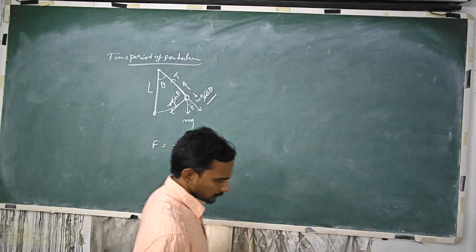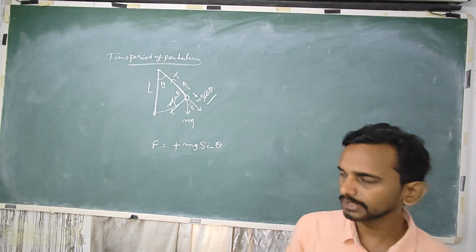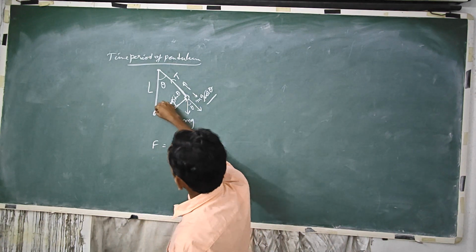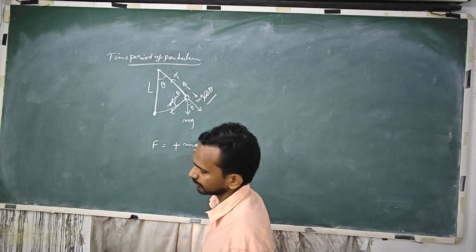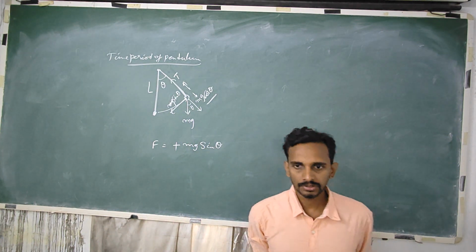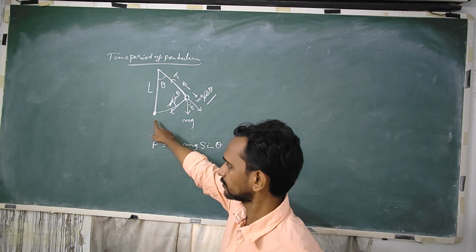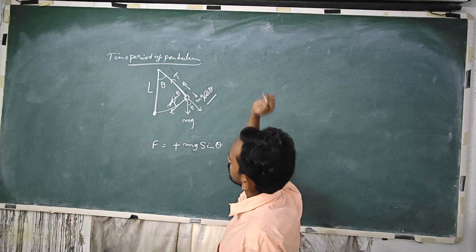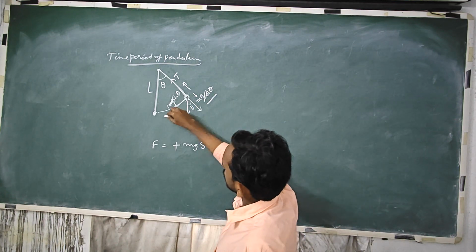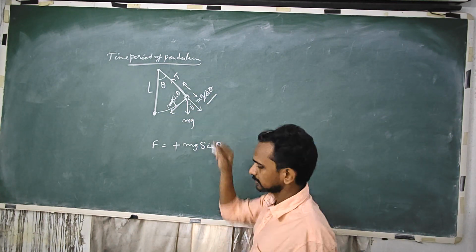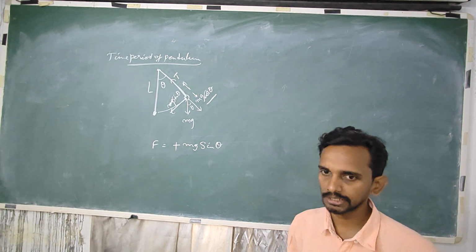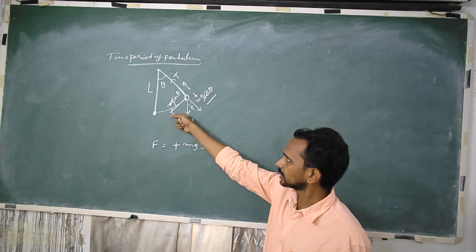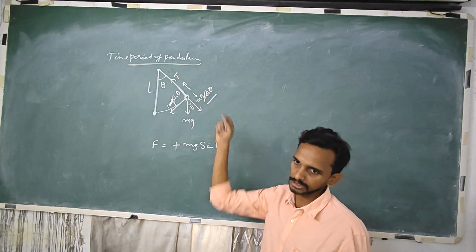So we have considered a simple pendulum here with length L and bob as a point object. Assuming the pendulum bob as a point object and the length is constant, when you stretch the string to one end, what happens? Its height increases from the ground, so its potential energy increases.